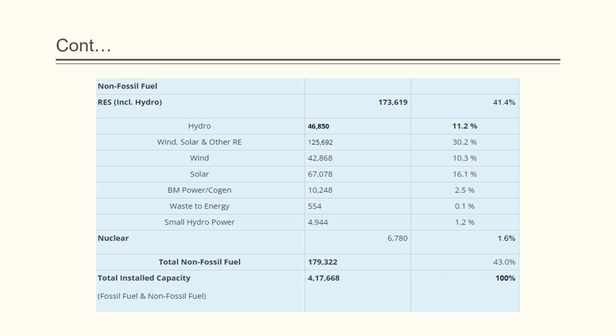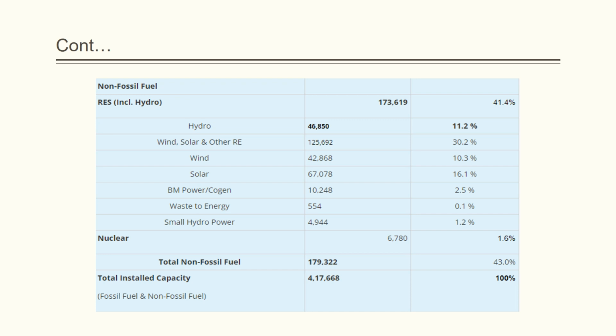By wind it is 42,868 megawatt, by solar 67,078 megawatt, by waste to energy 554, and small hydropower is 4,944 megawatt, which is 1.2%. By nuclear it is 6,780 megawatt, which is 1.6 percentage.